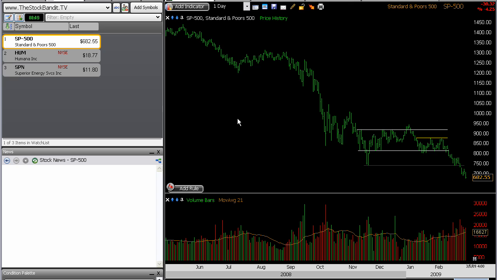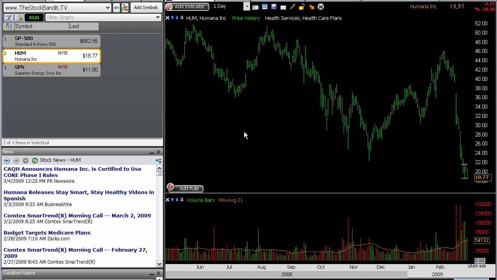However, we can compare a couple of different sizes of bases or consolidation areas on the charts in order to get some idea of whether or not the current base is of great importance or just of some short-term value.